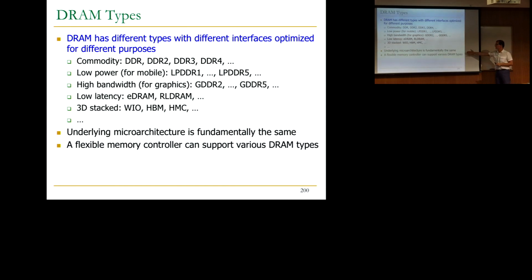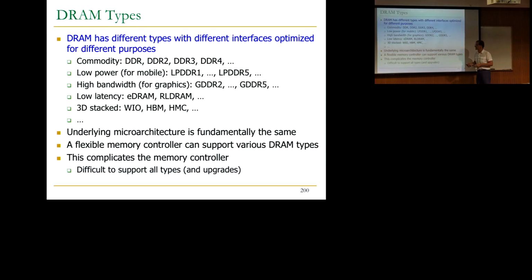A flexible memory controller can support various DRAM types, but the analog interface is the biggest limiter. And this complicates the memory controller. It is difficult to support all types and upgrades, because you may design your memory controller for your memory chip for 4 years later, and 4 years later, a better technology comes in. How do you actually adapt to that?